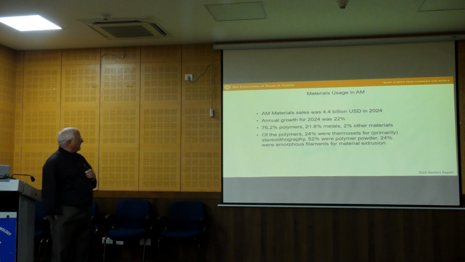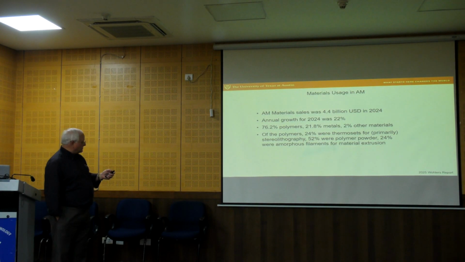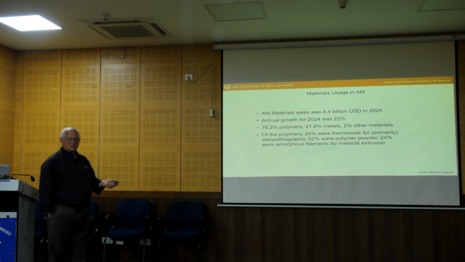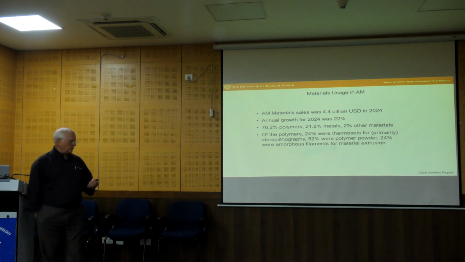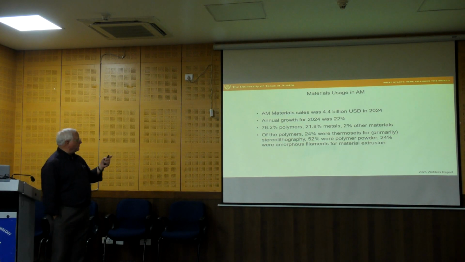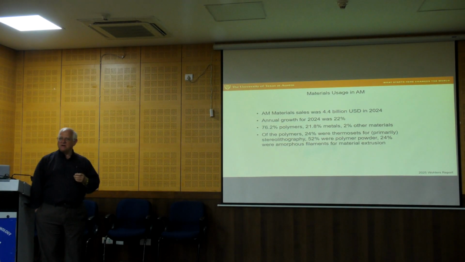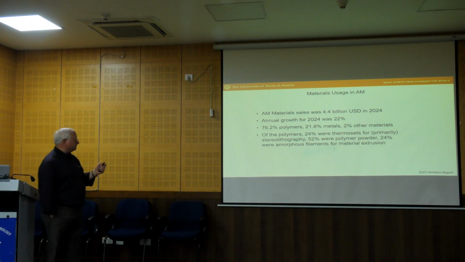First is material sales, again 4.4 billion, and the annual growth rate was about 22%, which is not bad. Still, most of the material feedstocks used commercially in the world, about 3/4, are still polymers. But about 20% are metals and then 2% others, which are typically composites, a little bit of ceramics.